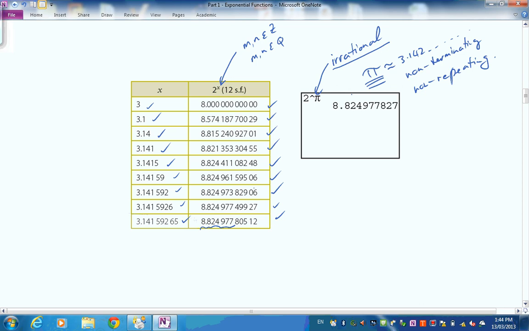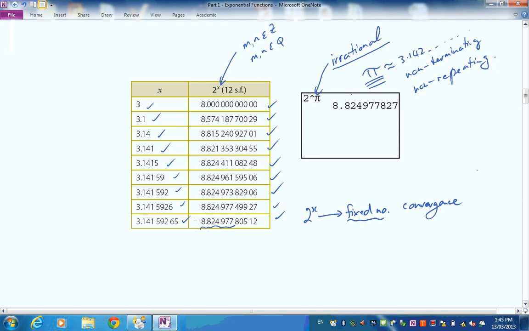It looks like 2 to the x is actually converging, or tending to some fixed number. We don't know what that is because we can't ever terminate pi at 3.141 or 3.142 or whatever, but we can see there is what we call a convergence. 2 to the x seems to be zeroing in on a fixed number.